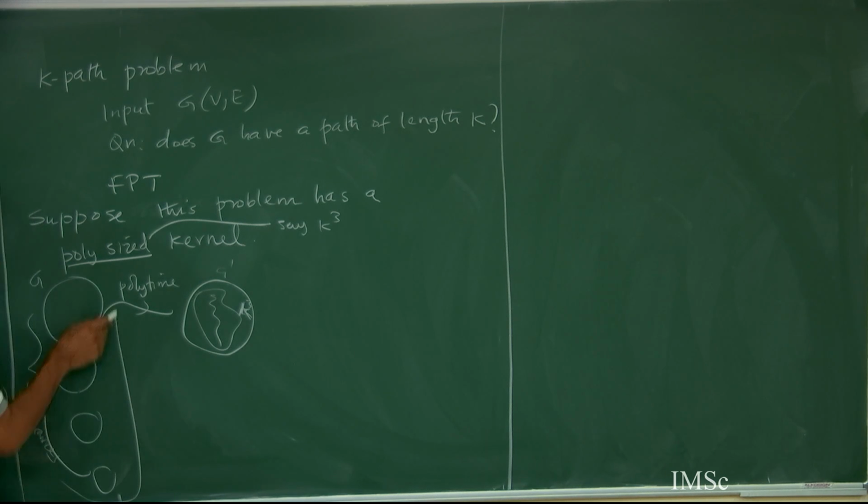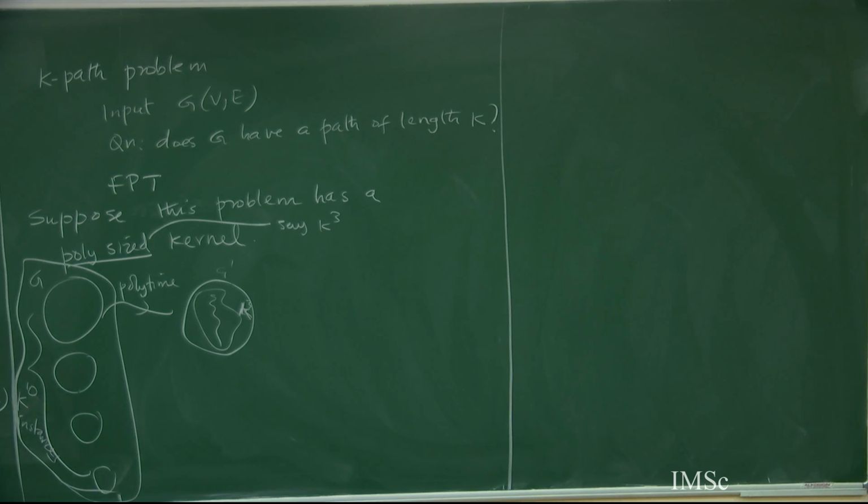So the new graph is the disjoint union of this large number of instances. And in this new graph, I have the same problem. Is there a path of length k? Again, it is kernelizable and k is the same k. I am asking for is there a path of length k? The number of instances might have grown, but I am still asking for a path of length k.